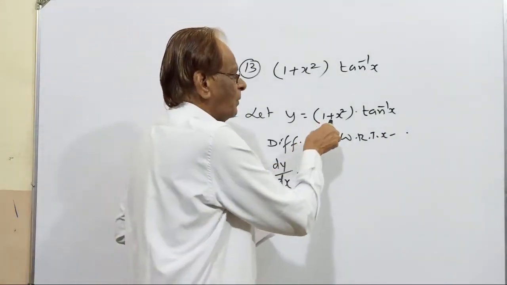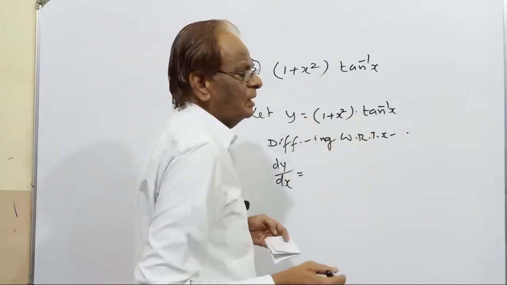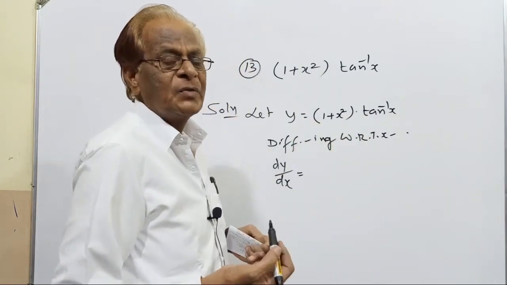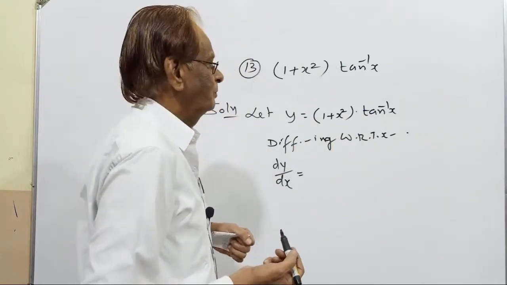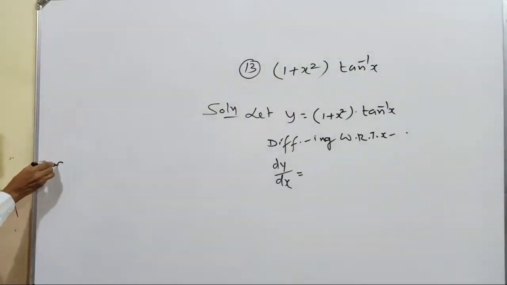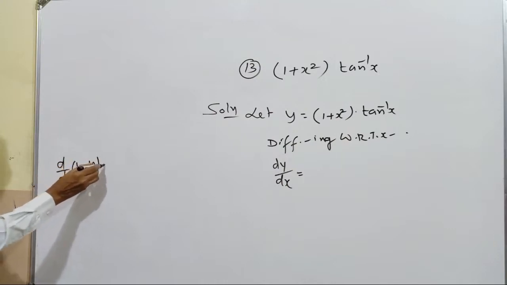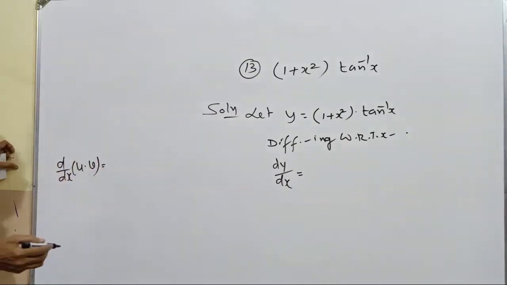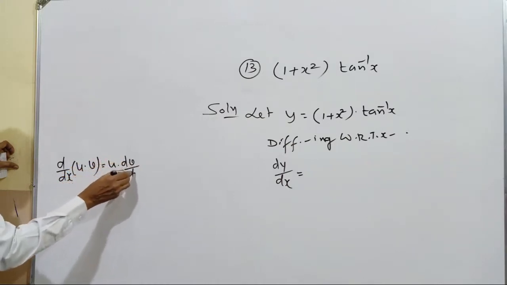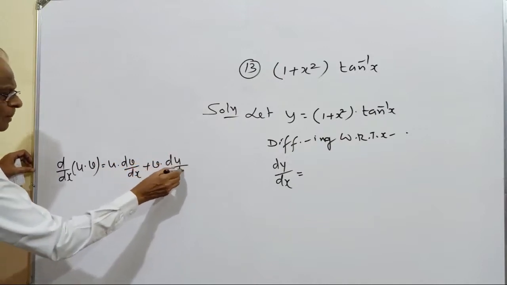Here, the bracket is the first function, tan inverse x is the second function. We are differentiating the product of two functions, so apply the product rule. The product rule is: if u is the first function and v is the second function, first function as it is, differentiate second function, plus second function as it is, differentiate first function.